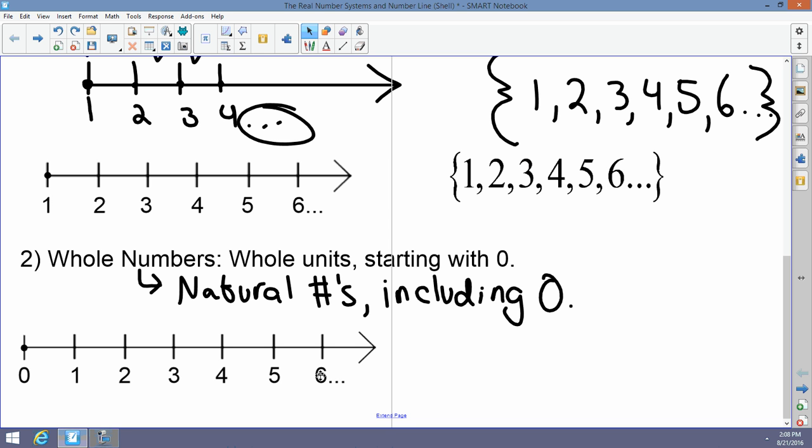So whole numbers are whole units starting with 0, or in other words, they are the natural numbers including 0. The set of whole numbers would look like that. You have your braces, then you have 0, 1, 2, 3, 4, 5, 6, dot, dot, dot, signifying that this pattern will continue forever.